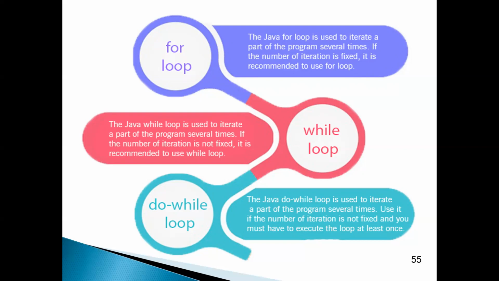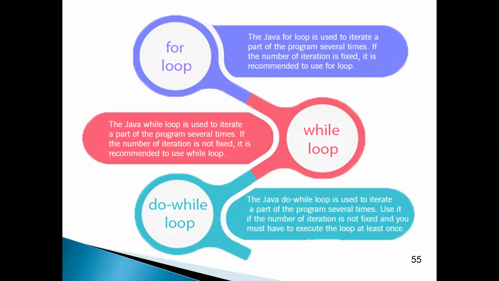Next, the while loop. The Java while loop is used to iterate a part of the program several times. If the number of iterations is not fixed, it is recommended to use the while loop.